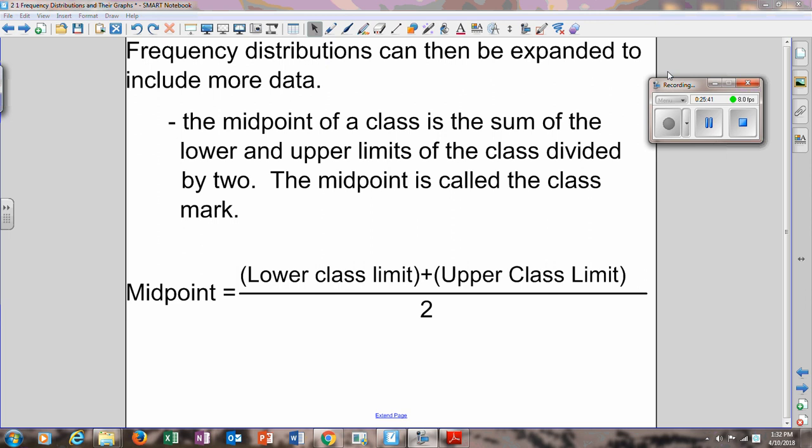So the midpoint is called the class mark. So to find the class mark, take your lower class limit plus your upper class limit, divide by 2. You're just finding the average of the lower class limit and the upper class limit.